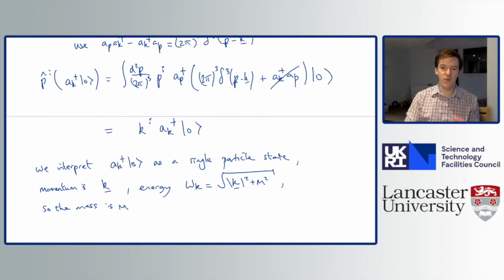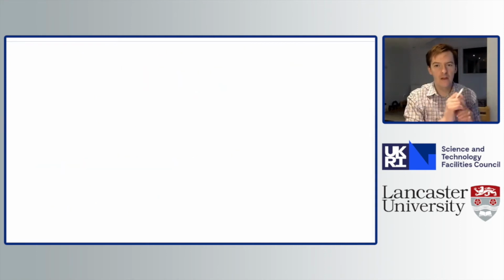Okay, so that's one way of showing that the state satisfies all of the properties that we know that a single particle state should satisfy. So we know about its energy, and we know its momentum, and we know it has to satisfy this relation that's consistent with relativity.